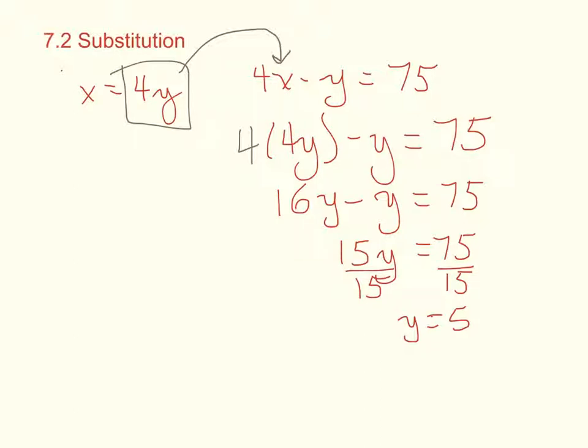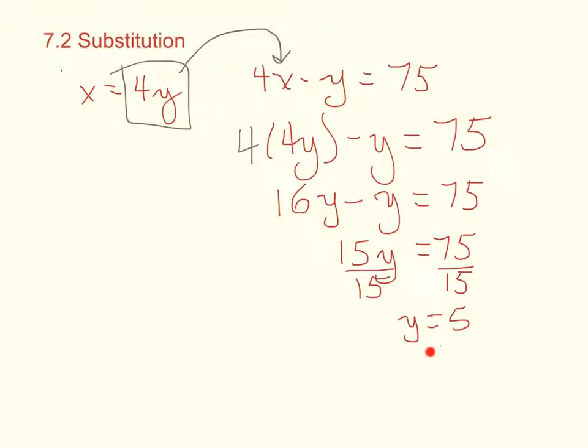Okay, well, our goal at the end is to get an ordered pair. So we don't have an ordered pair yet, we just have our y value. So we'll take the y is equal to 5 and then plug it back into this first equation to help us find out what x is.